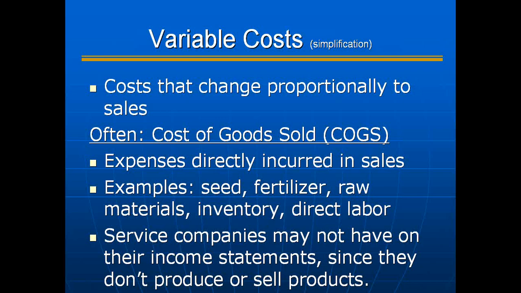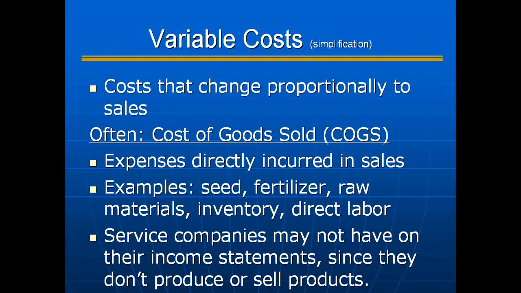So if you go back to thinking about the number of lambs you're going to raise and sell, we can look at that feed as being a variable cost. The more lambs you have, the more feed you're going to need. So these are expenses incurred directly in sales, example, seed, fertilizer, raw materials, inventory, direct labor.